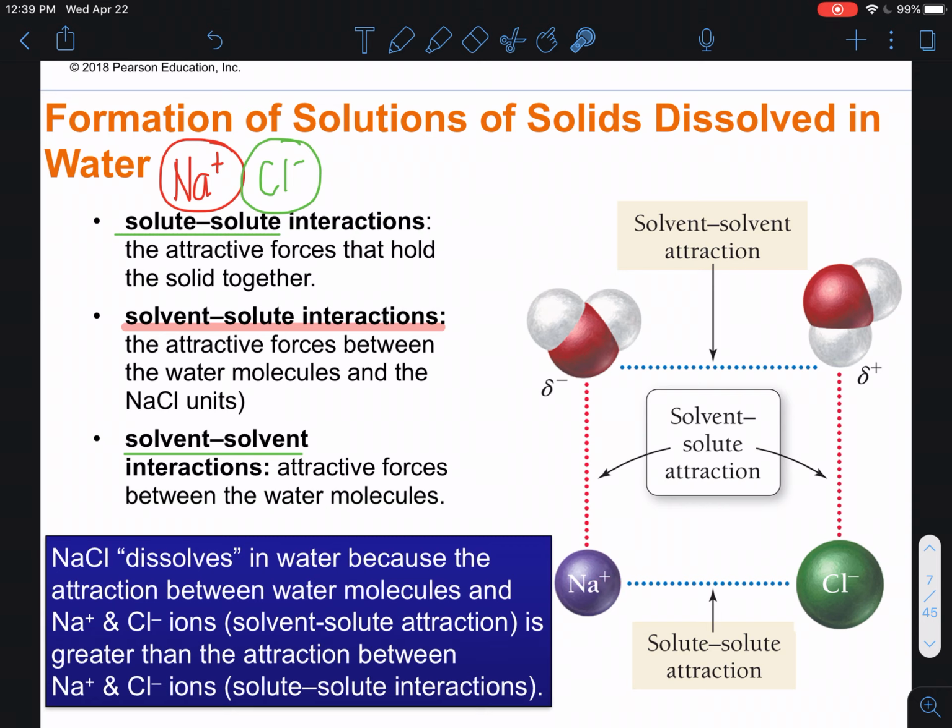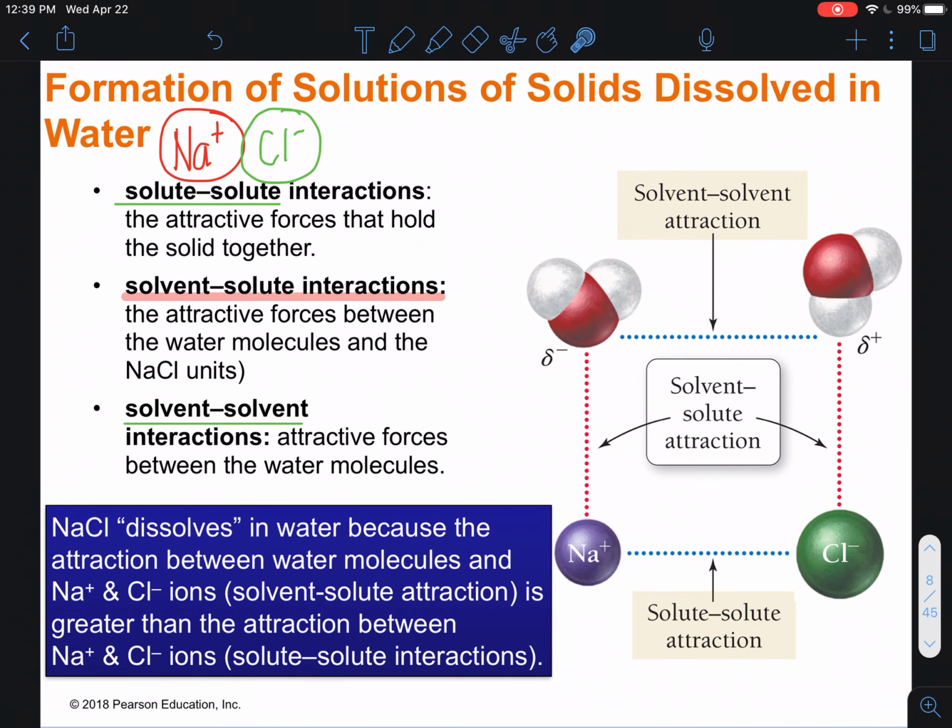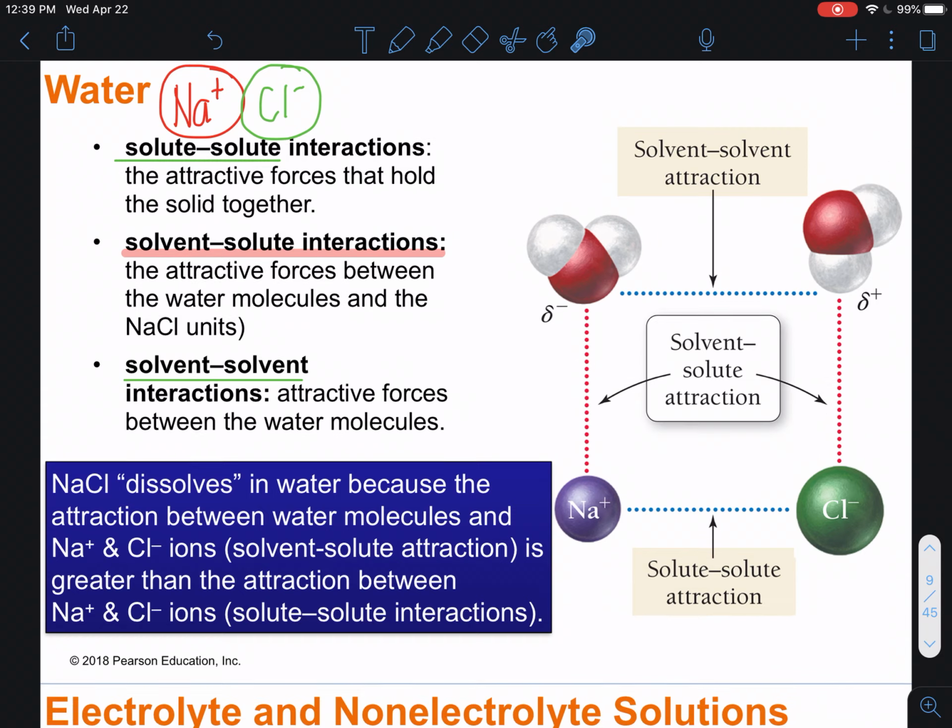And if they are greater, that means the sodium chloride units will break apart and dissolve in water. That's pretty much all you need to know about that. So again, solute-solute interactions and solvent-solvent interactions have to be weaker than the solvent-solute interactions in order for a solid to dissolve.